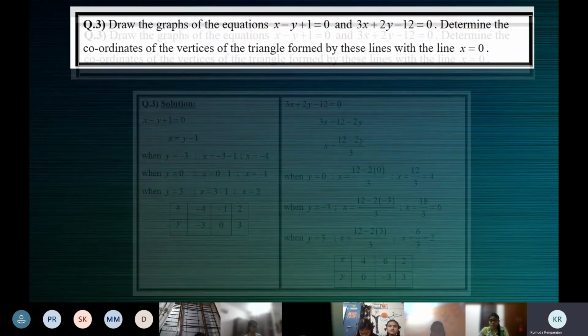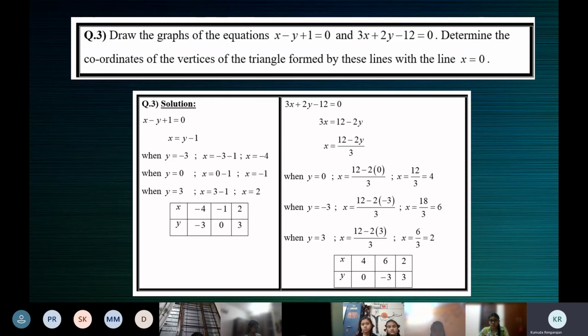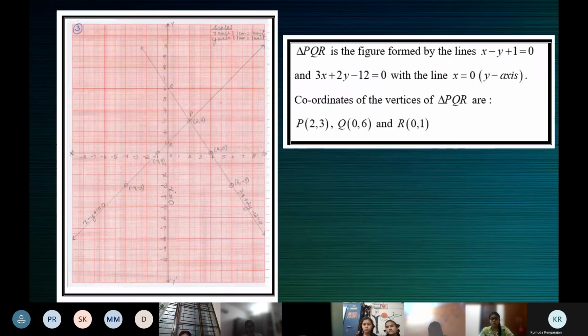If you're not asking me anything, all that I can say is take a screenshot. Please make use of this working to understand how to prepare the XY table. Plot and get the graph like this.